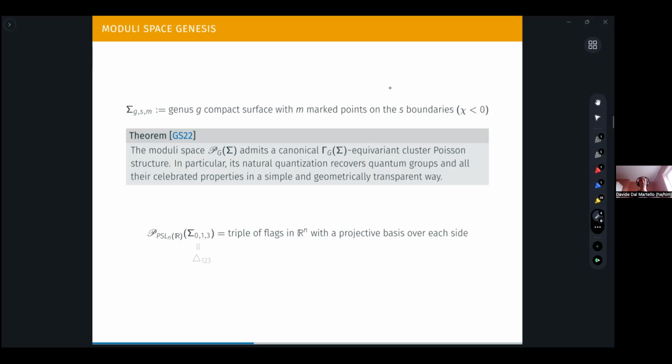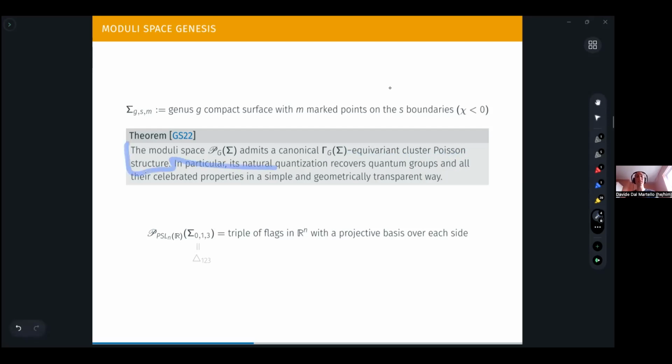On top of that, you have a huge group of symmetries, both from Sigma itself and its geometry, and obviously from the group itself. This big group of symmetries acts in an equivariant way, so it commutes with this Poisson structure.